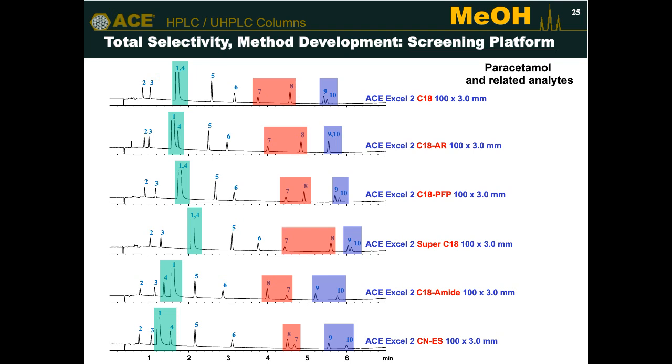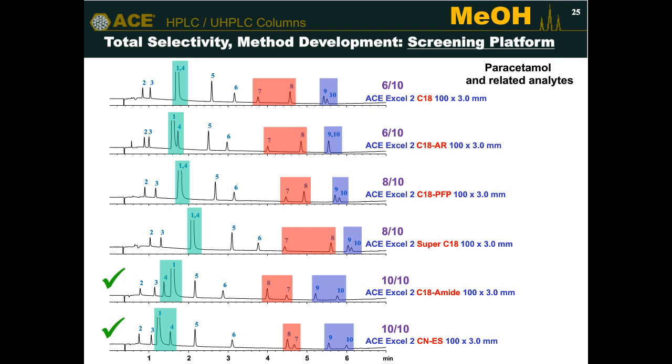So if we add up the number of peaks that are separated across the 6 different column chemistries, we can see we've got 2 chemistries where we have complete separation of all 10 compounds in our mixture. So we haven't done anything else in terms of method development or chromatography tweaking. We have 2 options where we have full separation of all of the compounds in this mixture, which is fantastic. So showing the value of the screen with the different column chemistries.